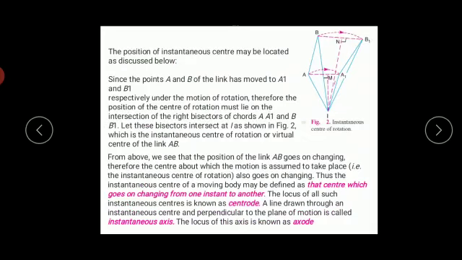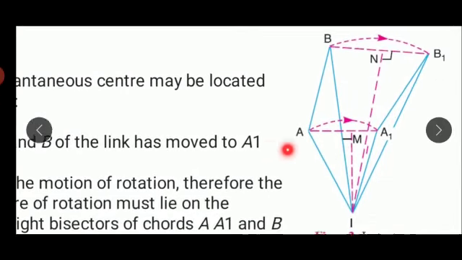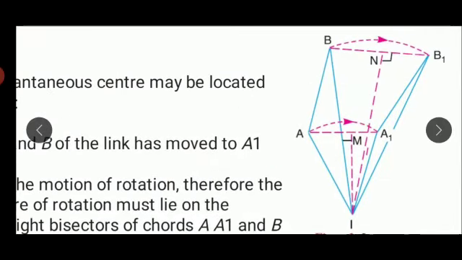Now let us see the concept of instantaneous center of rotation. We have link AB here, and after a particular motion is given to it, it achieves a new position, A1 B1.